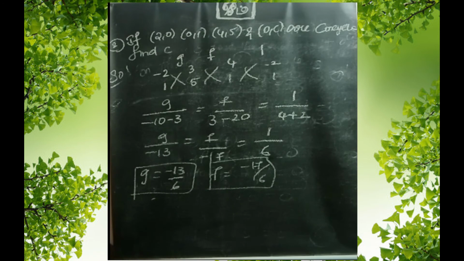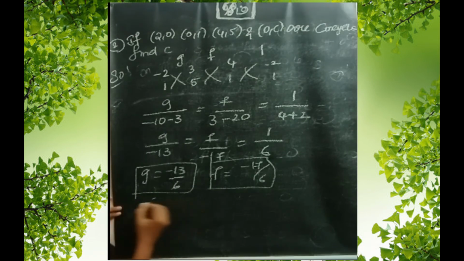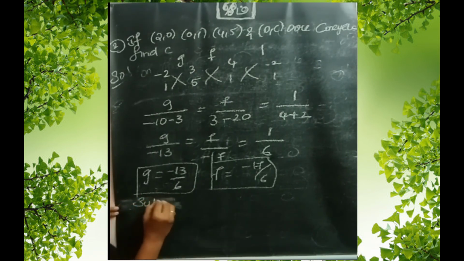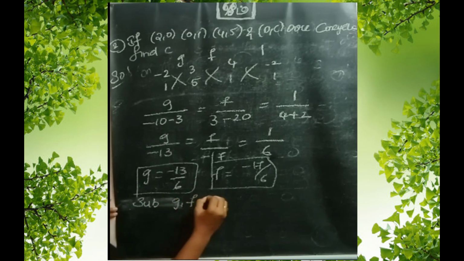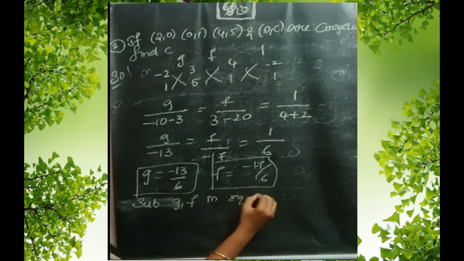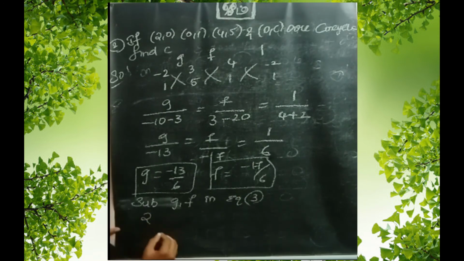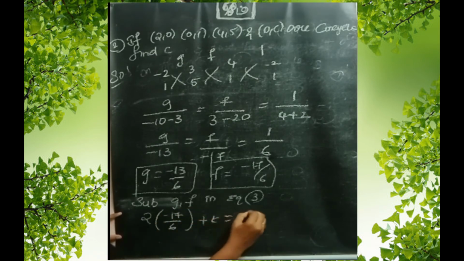Now you have to substitute these values to find k. Now see which equation has k. The k equation is in 2, 3, 4. Either in the third equation, substitute the g and f values. Now substituting g and f in equation 3: 2 of minus 17 by 6 plus k equals 1.